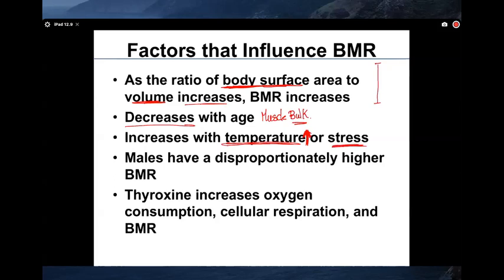Also, stress induces stimulation of the sympathetic nervous system, and so the release of epinephrine, or adrenaline. And remember, this epinephrine is going to be a catabolic hormone that will be breaking down the stored fat to increase the glucose.